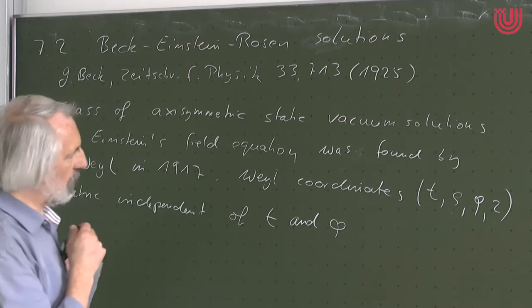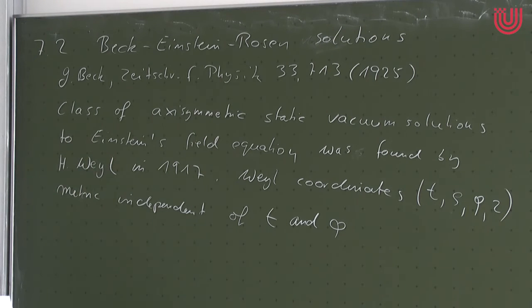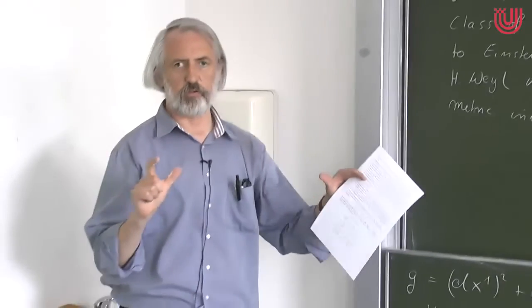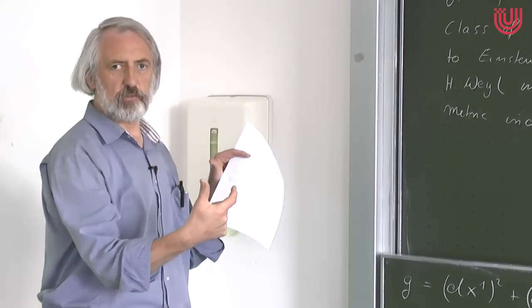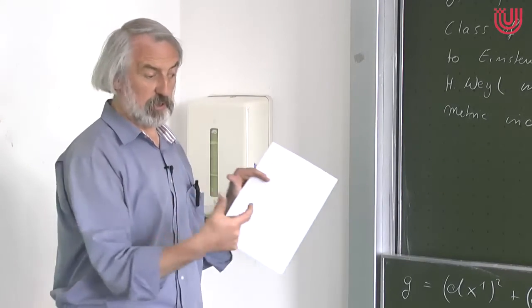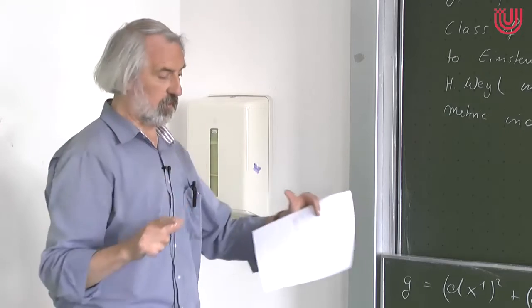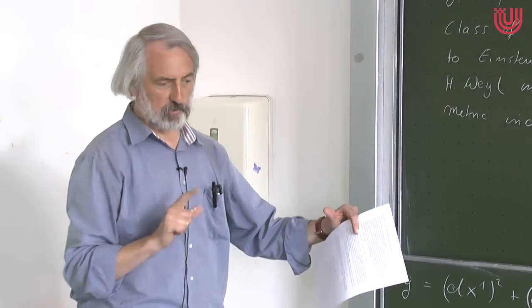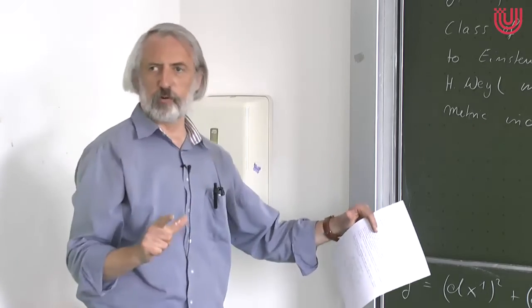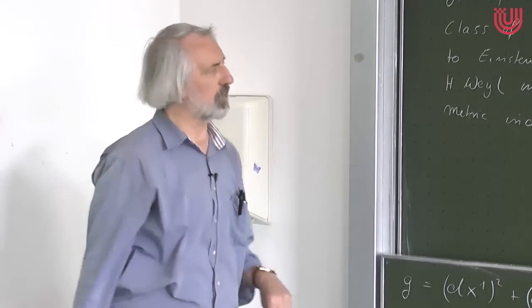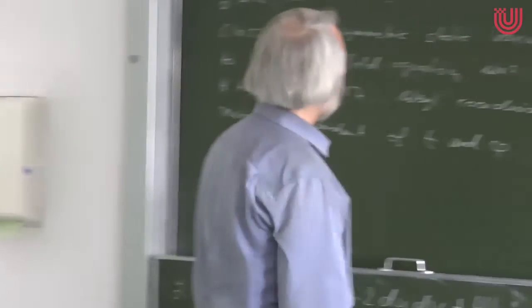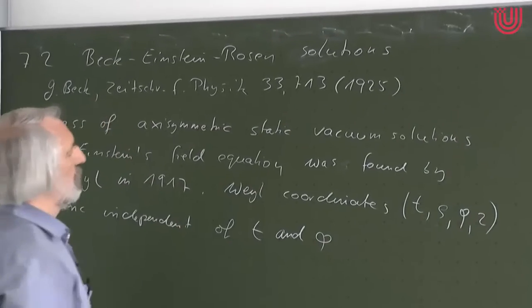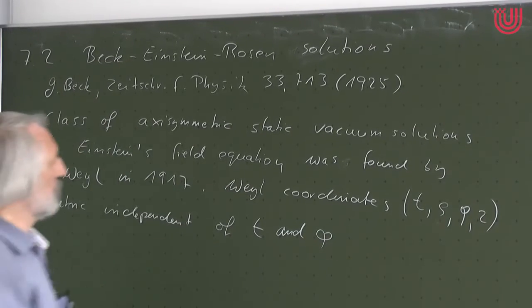This is what one calls axisymmetric and stationary, because what is still allowed is that the whole thing rotates along the axis. Then it would also be time independent if it rotates with a constant angular velocity, and it would also be axisymmetric because no position of the phi coordinate is distinguished. If you want to exclude the rotating case, that's what one calls a static metric.